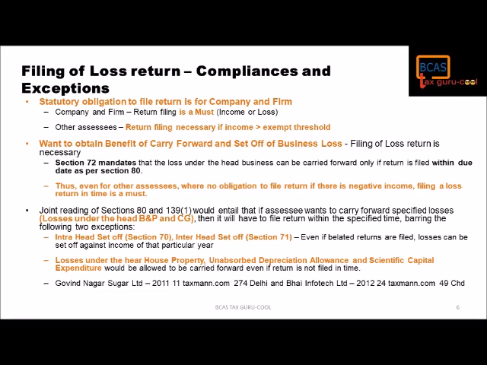Otherwise, one would end up losing the benefit of carrying forward and setting off of losses.